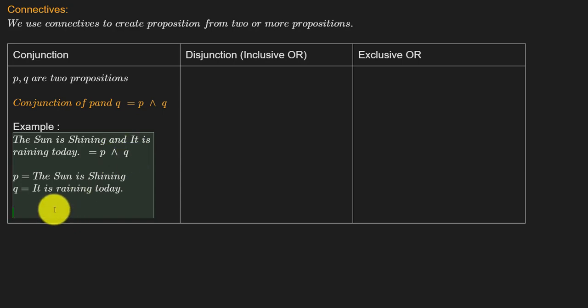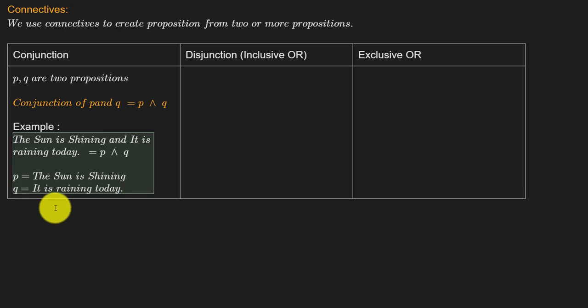That means both propositions have to be true, then only this whole conjunction, this composite proposition, will be true, otherwise it will be false.